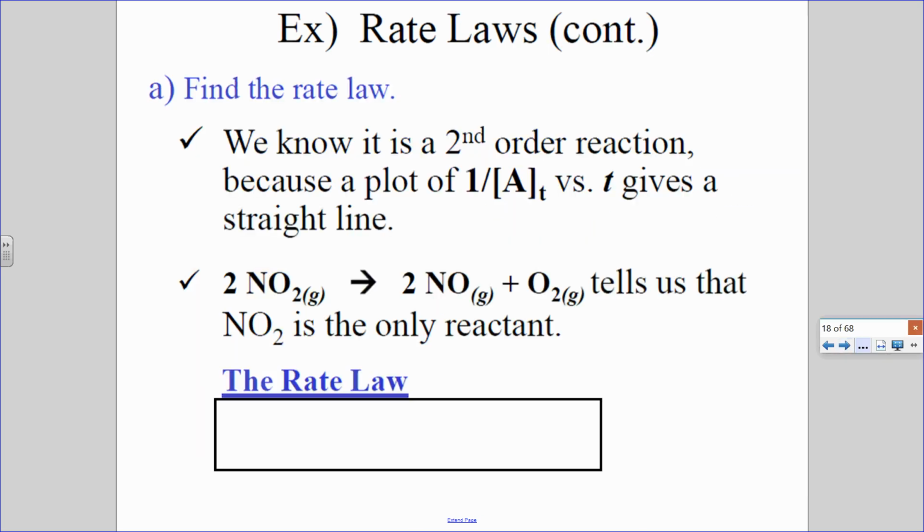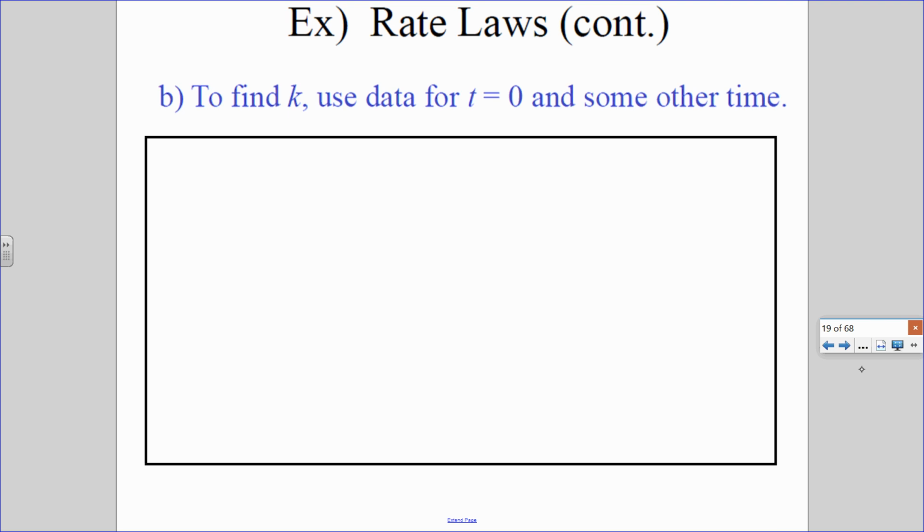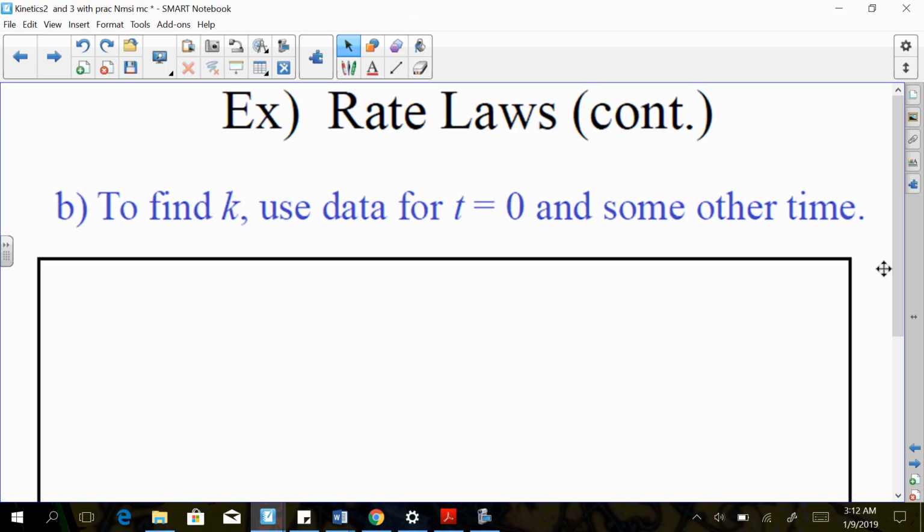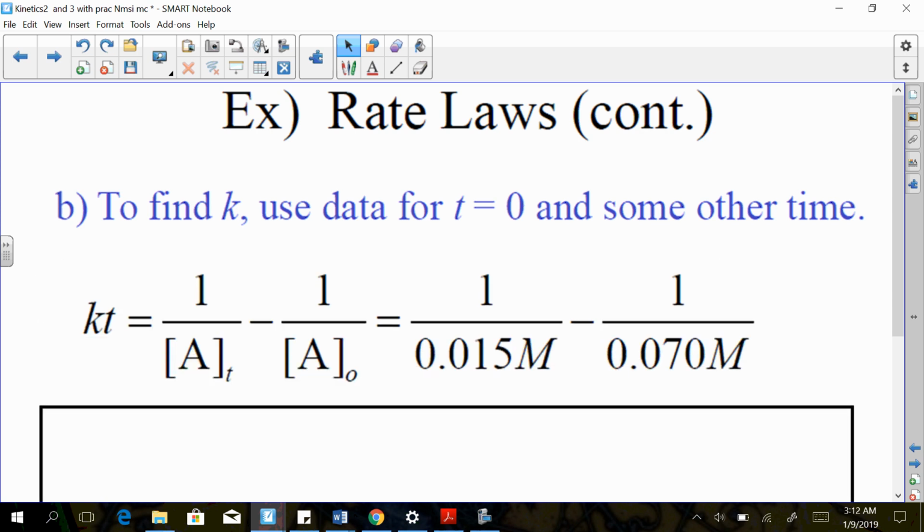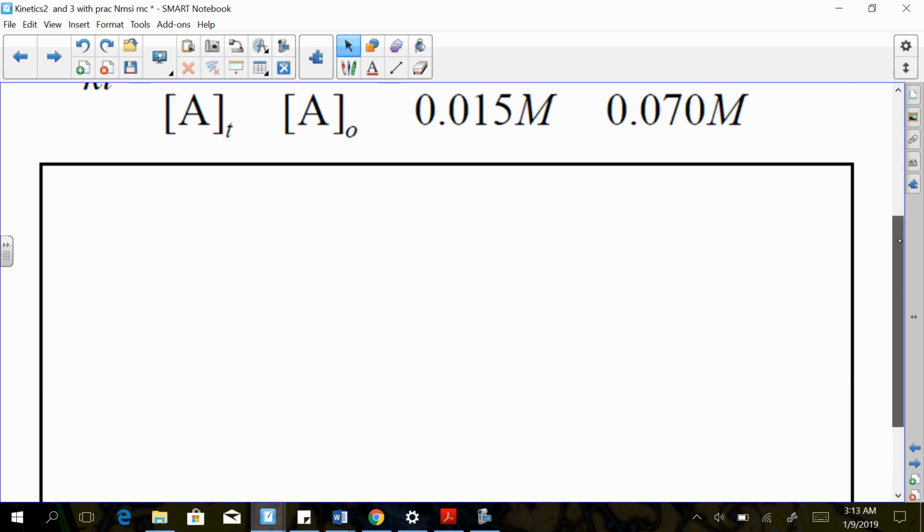So what we want to do is use our second order integrated rate law.